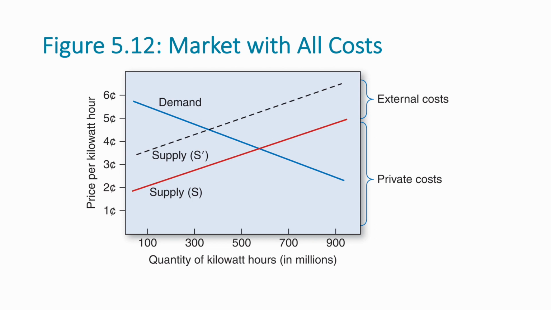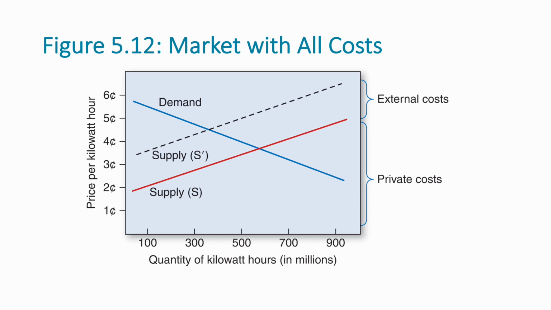This slide represents a market when we include external costs as well as private costs. And notice that the supply curve, as it moves up, the equilibrium point moves down such that the kilowatt hours and the price point per kilowatt hour is different than it would be under the normal equilibrium curve.